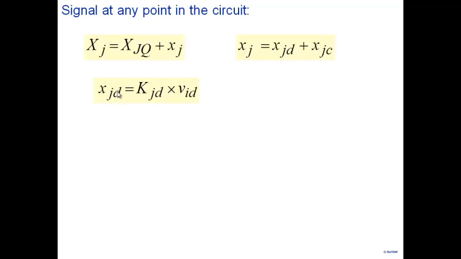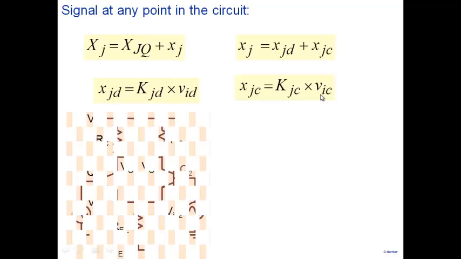So the differential part will be related to, let's say if this is the output, the input differential voltage. And the common mode part would be related to the input common mode voltage. Right? So this is how the total signal is. Bias point, of course, is through DC voltages and currents. Small signal part arises from a differential part here and a common mode part here.